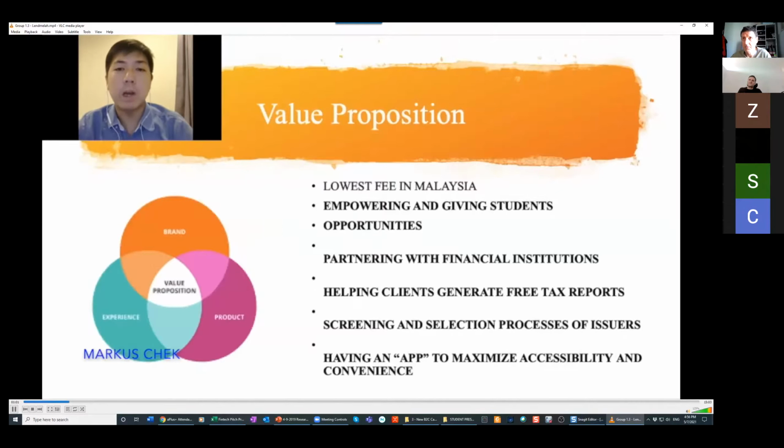First of all, what we are doing uniquely compared to our competitors in the industry is we are trying to empower and give university students opportunities to list their projects onto our platform to gain exposure and to get funding. Next, we will partner up with financial institutions. The reason for this is to create a trustee account in one of the local banks, and all the money of the investors will be directly entered into that bank account, which our company will not touch. So customers will be safe and secured. Next is to help clients generate free tax reports. As we know, generating a tax.